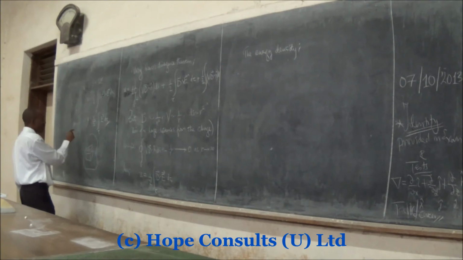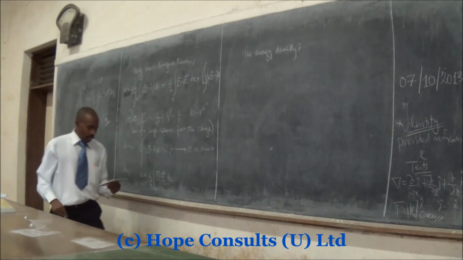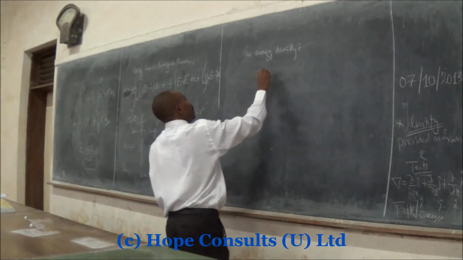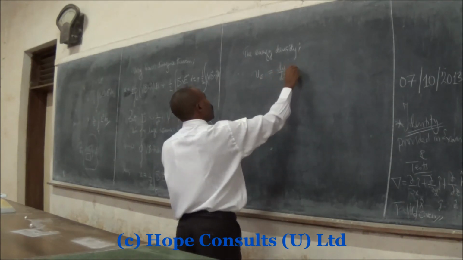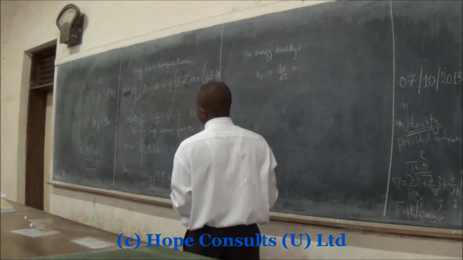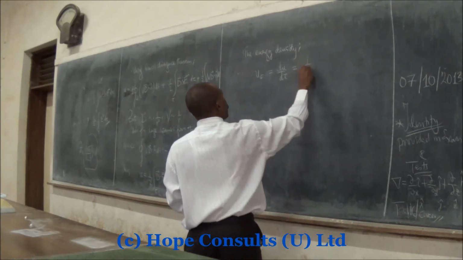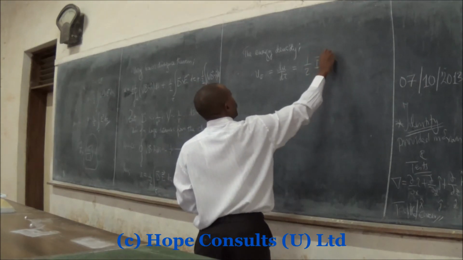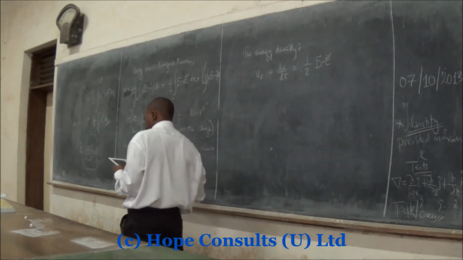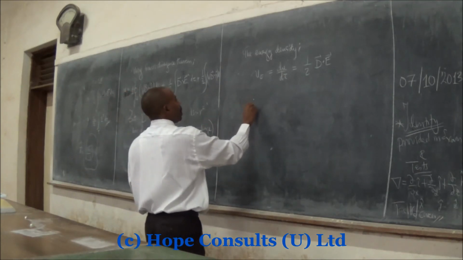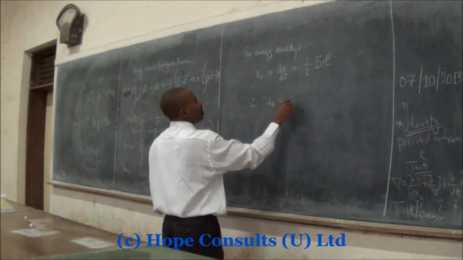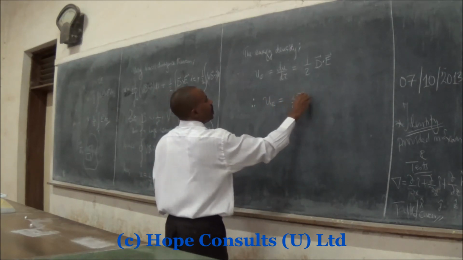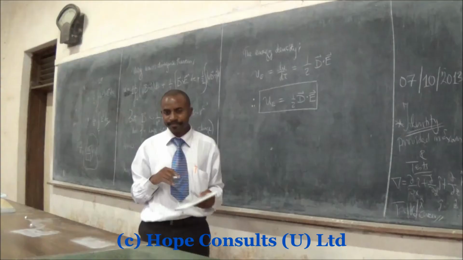So it means that rho is equal to dq by d tau. So our energy density UE is equal to U over tau, which is the same as a half D dot E. Therefore, UE is equal to a half D dot E.